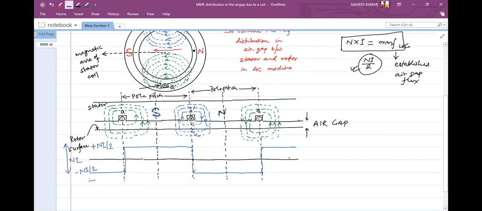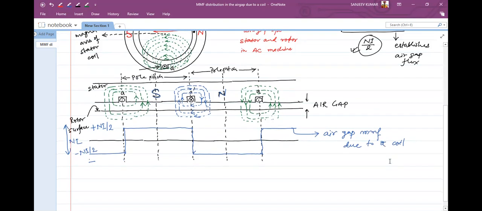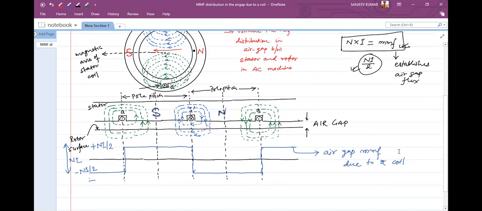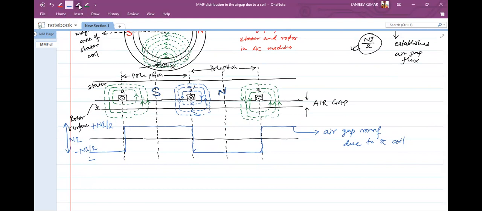So this is the air gap MMF due to a current carrying coil. Now we can write that when a square wave is subjected to Fourier transform, this blue shape is nothing but a square wave.